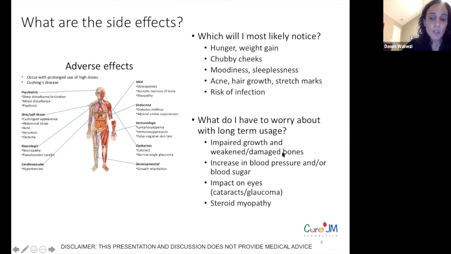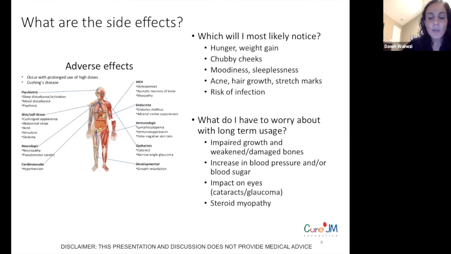In terms of long-term usage of steroids, that's when we get into the concerns about other things like issues with growth and issues with the bones. You can get weakened bones, like an osteoporosis type of picture. You can get high blood pressure and high blood sugar. It can impact your eyes and cause glaucoma. So some of these things that you don't typically see in young children can happen with someone who's on prolonged steroids.